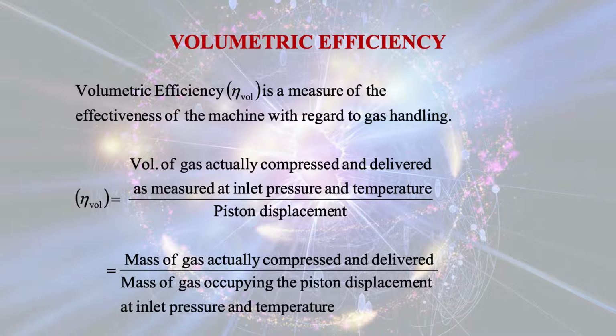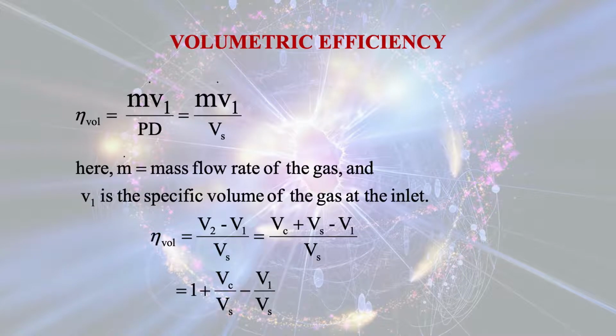This can also be said, that is, eta volume is equal to mass of gas actually compressed and delivered divided by mass of gas occupying the piston displacement at inlet pressure and temperature. Now, eta volume is equal to m dot v1 divided by piston displacement. Small v1 is the specific volume at state 1, so eta volume is equal to m dot v1 divided by Vs, because piston displacement is equal to Vs.